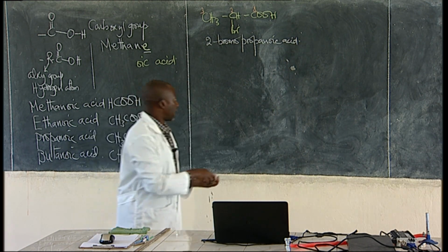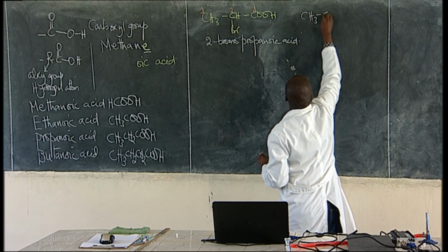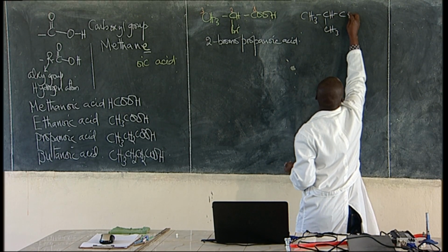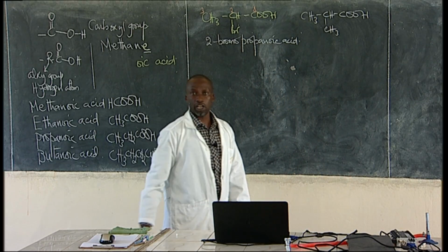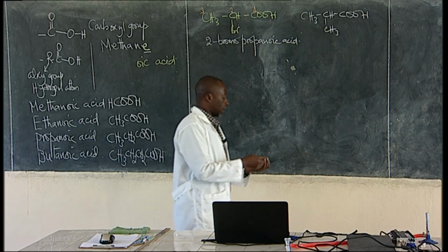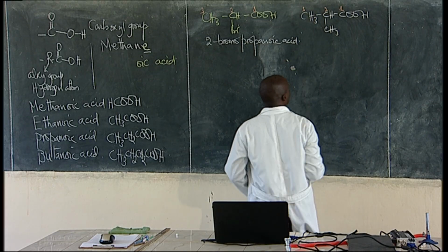Or you may have something like this, CH3, CH with CH3, COOH. As I said, always make sure that this is carbon number 1, carbon number 2, and this is carbon number 3.